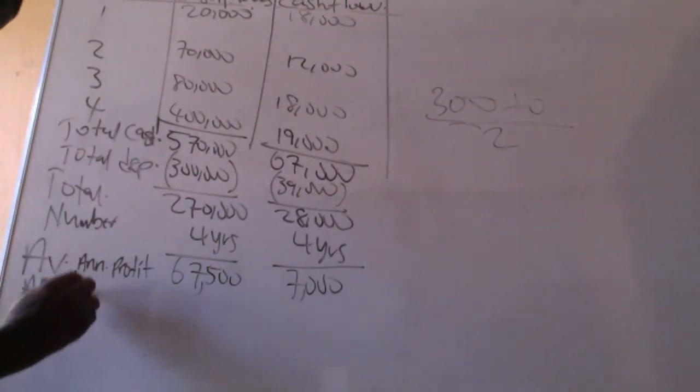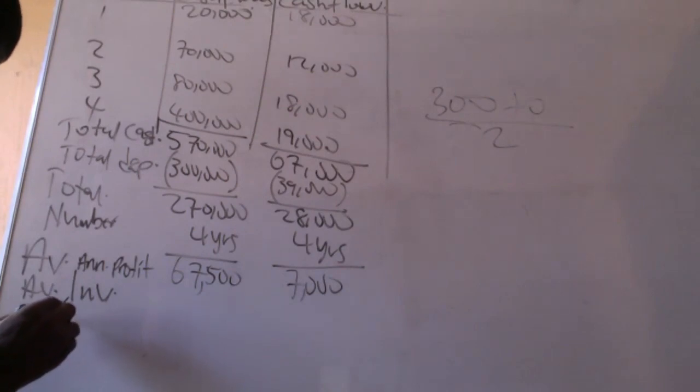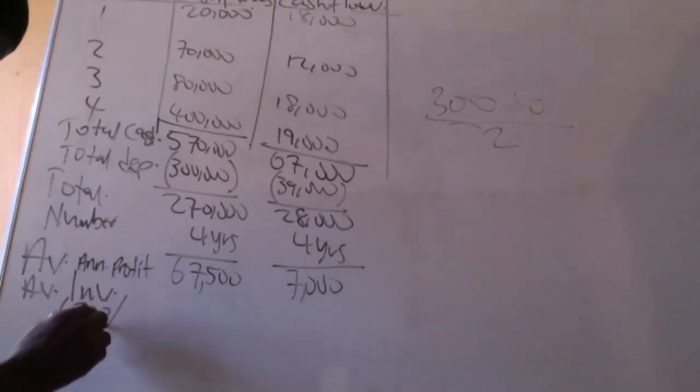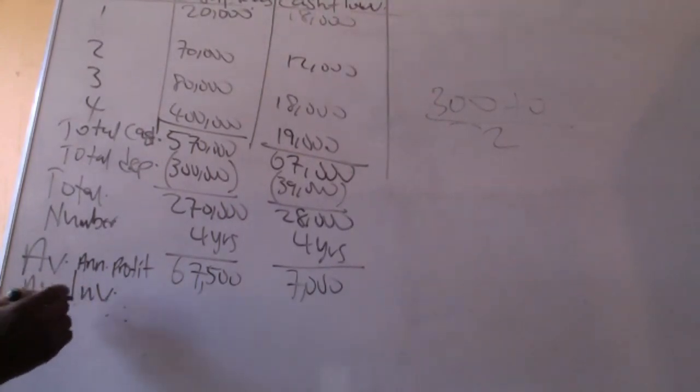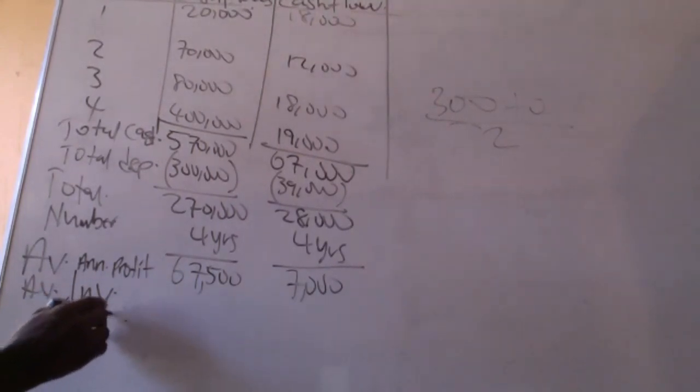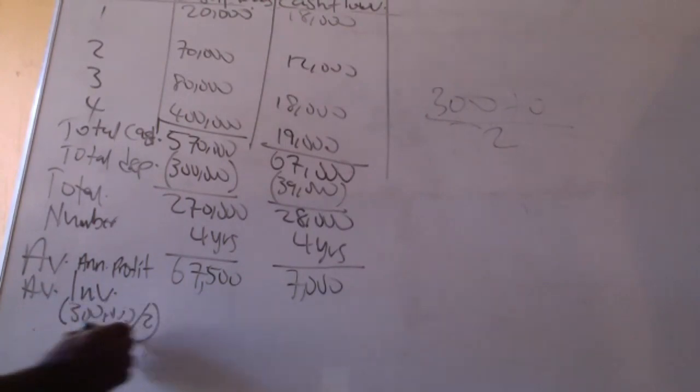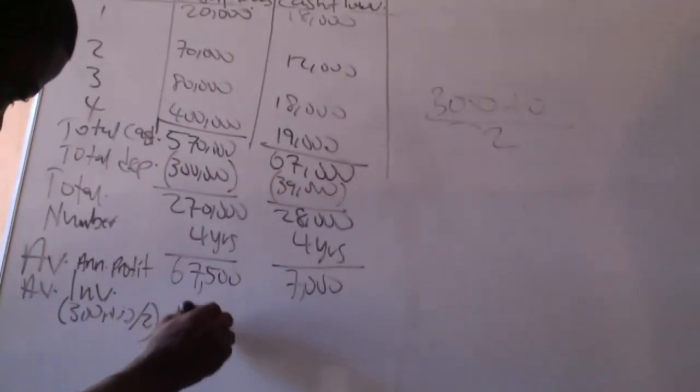Average investment. So into bracket, 300,000 divided by 2. That'll give us 150,000, right? 150,000.